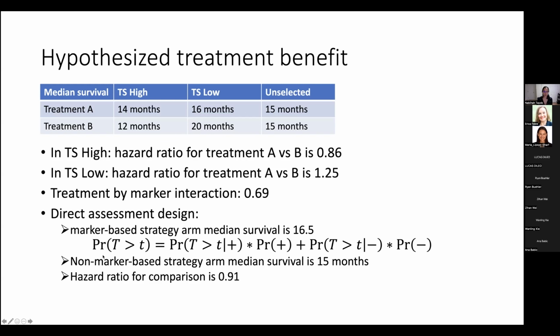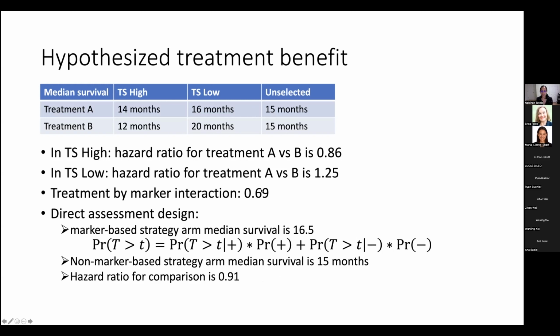Anyway, you have to calculate what it would be, taking into account the prevalence of the biomarker, but you end up with the marker-based strategy having a median survival of 16.5, and a non-marker-based strategy arm, so this unselected, having a median survival of 15 months. So if you do this direct assessment method, the hazard ratio that you're powering your study for is 0.91. So that's very close to 1. So that's going to give you a hint of how large the sample size is going to be.